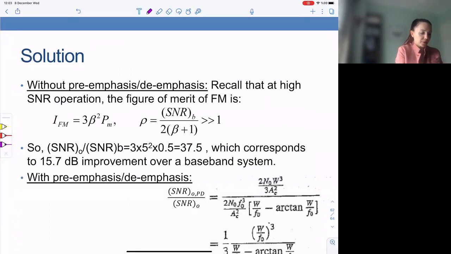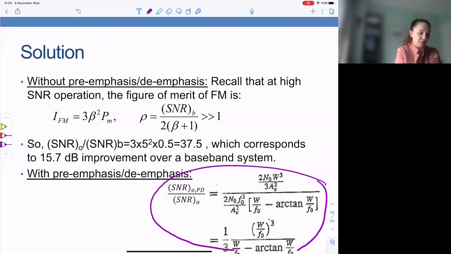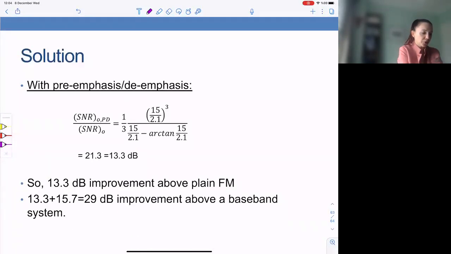When we compute this with the given values, it turns out the ratio of SNR out with pre-emphasis, de-emphasis to the regular one is 21.3, which corresponds to a 13.3 dB improvement above plain FM.